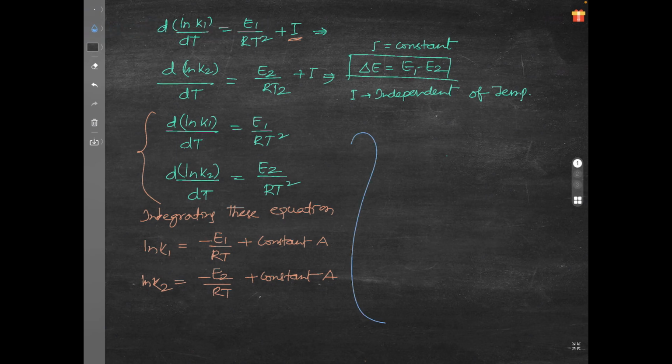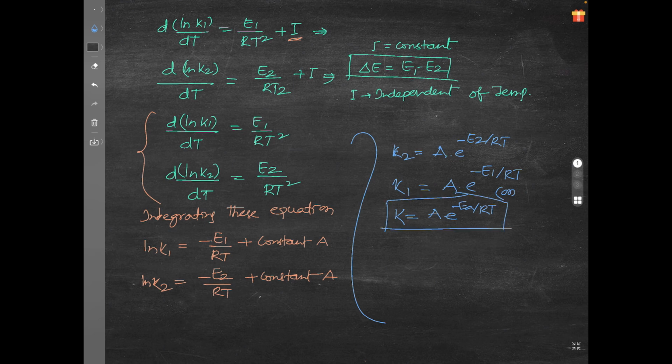Now from this you can say simply k2 is equal to A e^(-E2/RT), and k1 is equal to A e^(-E1/RT). So in general you can say k = A e^(-Ea/RT).